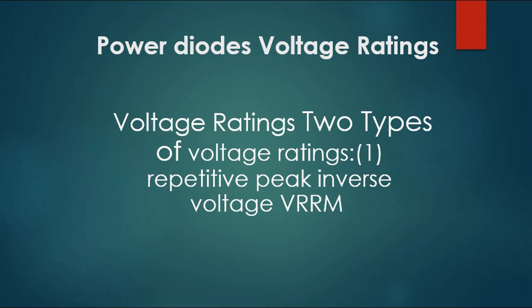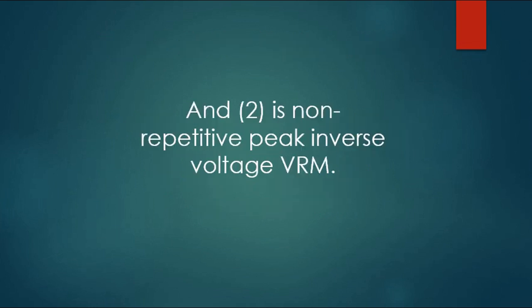Number one is repetitive peak inverse voltage, and the second one is non-repetitive peak inverse voltage. The repetitive one has VRRM, while the non-repetitive one has VRSM.